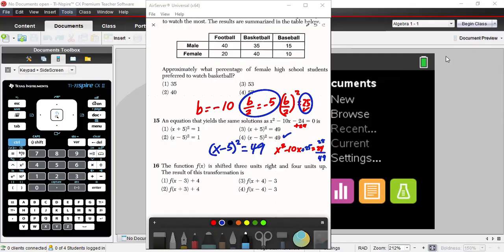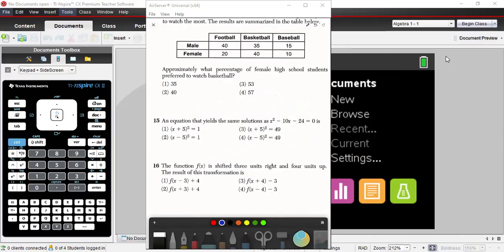Okay. Now, the other way that you can do this to check it is, I'm just going to get rid of all of this. So our answer is number 4, but one of the ways that you can check your algebra, and this is one of the things I like for my students to do, is graph this and find the zeros, because that's what the solutions are, and set these all equal to zero, right?